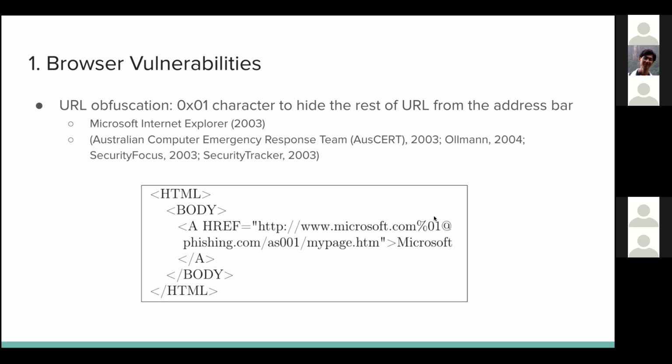When this URL is displayed in the address bar of the browser, the address bar will only show http www.microsoft.com, and it will not show the rest of this page. So the user will think that they are accessing Microsoft.com, but in fact they are accessing Microsoft.com at phishing.com. This issue was eventually patched, but that's one example of a browser vulnerability.